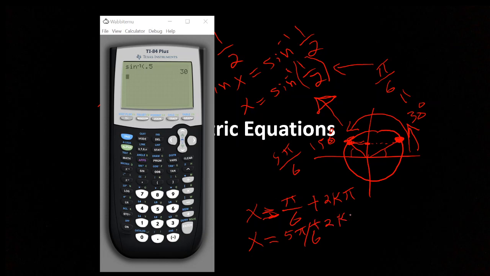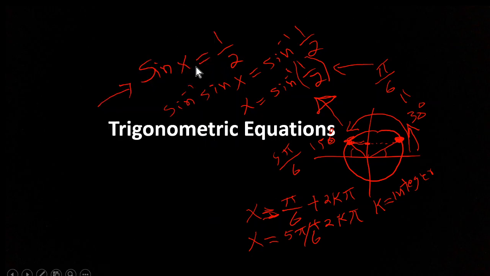So we have to add 2k pi, where k, of course, is an integer, right? K is an integer. Okay, so these are all the solutions of this equation right here. There are infinite number of solutions, and these are all of them.